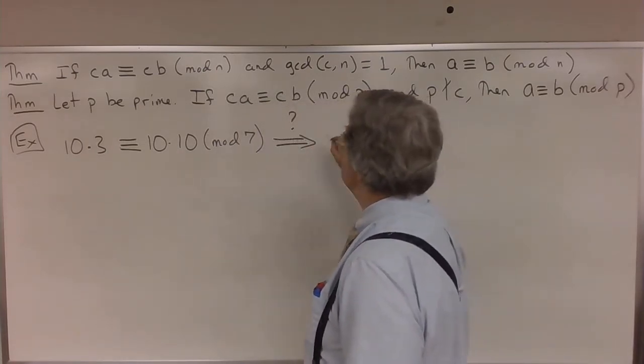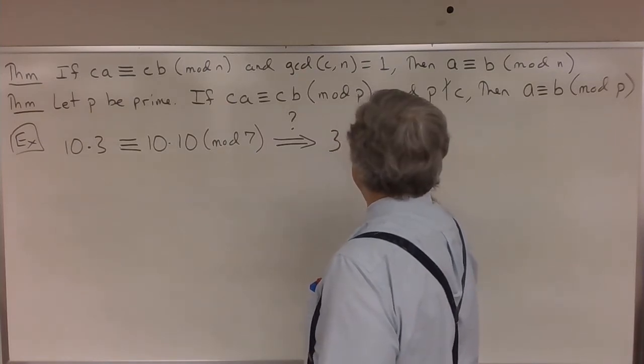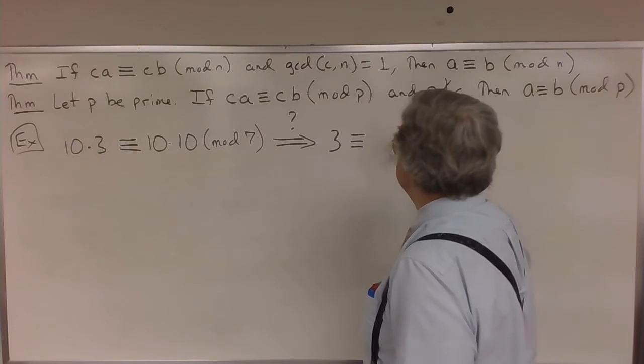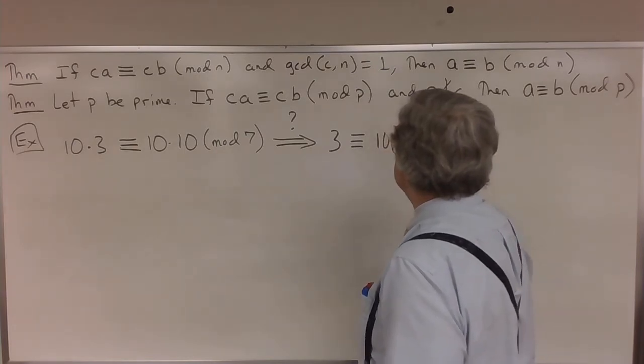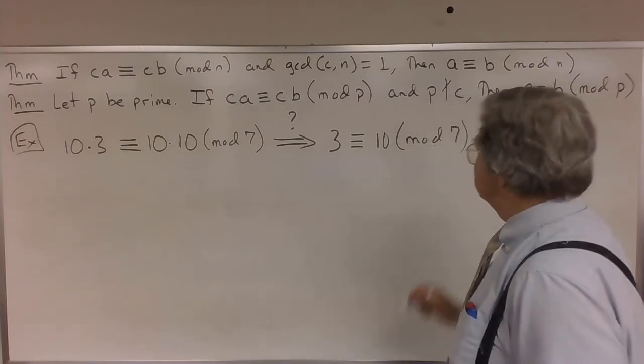If we cancel the 10s from both sides, we get 3 is congruent to 10 mod 7, and that's true.